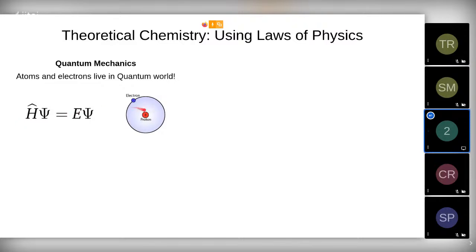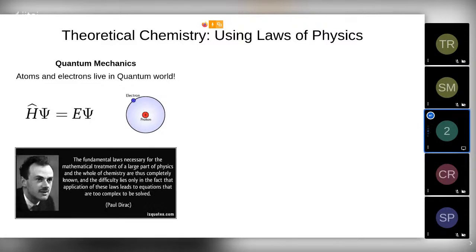For example, this hydrogen atom system where there is only a proton and an electron. But if we go to bigger systems, for example, multi-electron atoms or molecules, then this particular equation has no analytical solution. So we cannot solve it exactly in pen and paper.